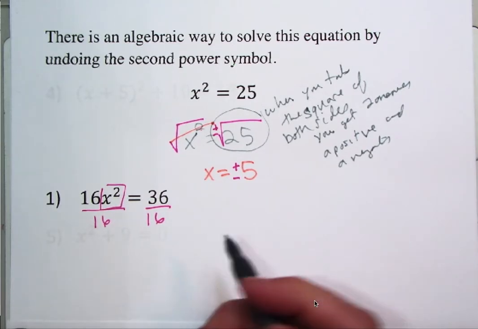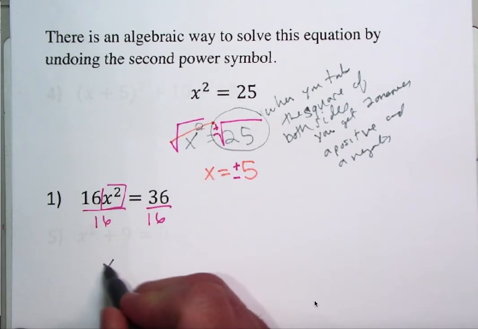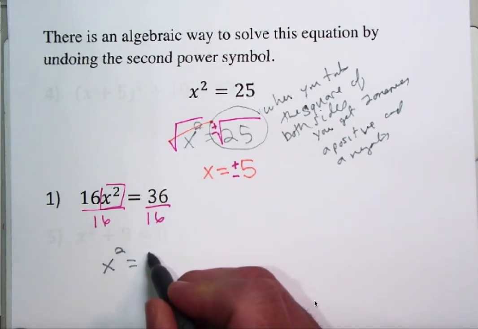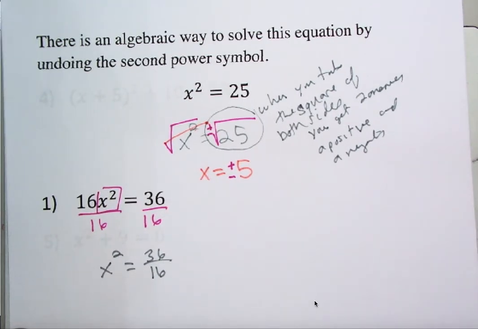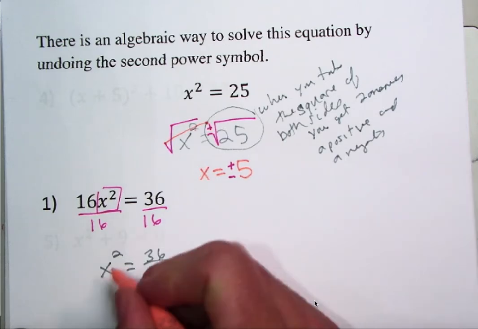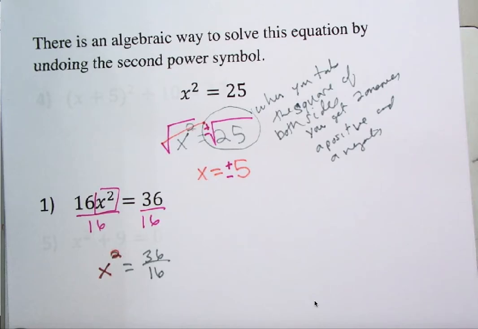Then we get x squared, and we'll leave 36 divided by 16 like that for now. When we're doing this method, you want to get something squared by itself first before you take the square root. Otherwise, it gets really messy. So we have x squared equals 36 over 16.